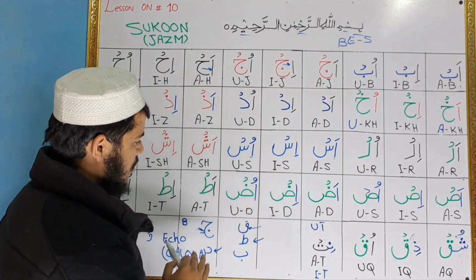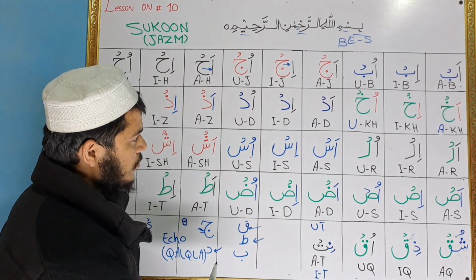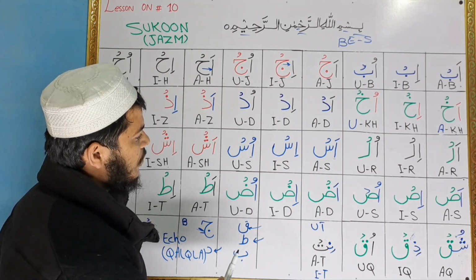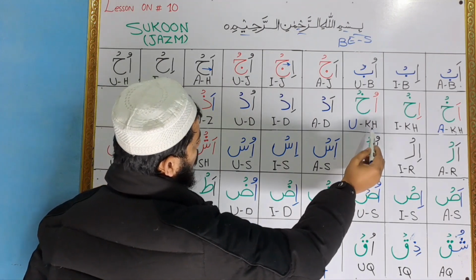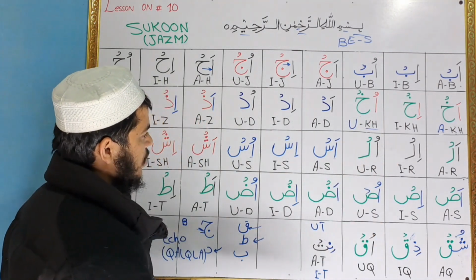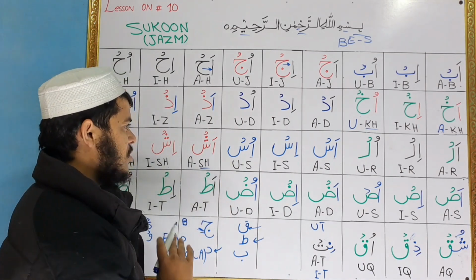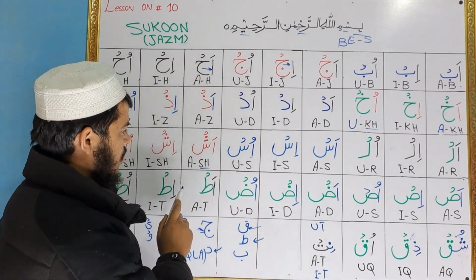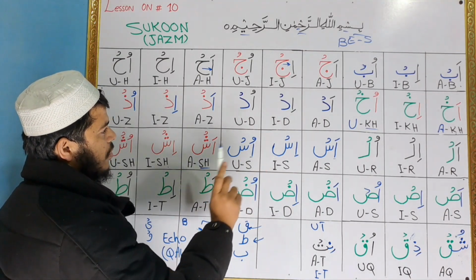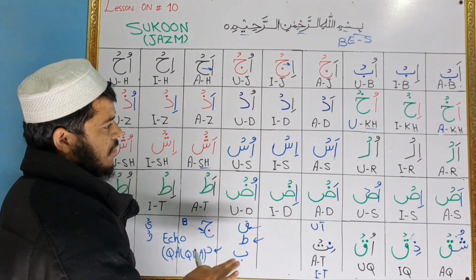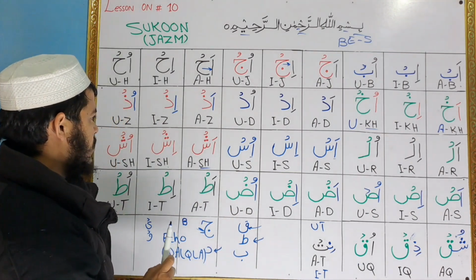So you can see we are just adding the letters they start with. Just for kha, the letter kha starts with KH and the letter sheen starts with SH. These are the only two letters where we add two sounds, SH and KH. Besides that, we are just adding the first letter.